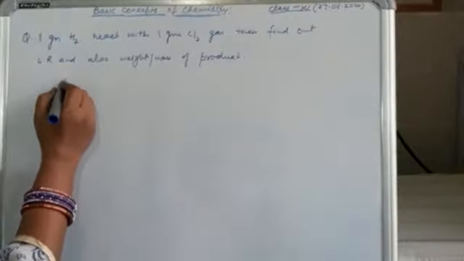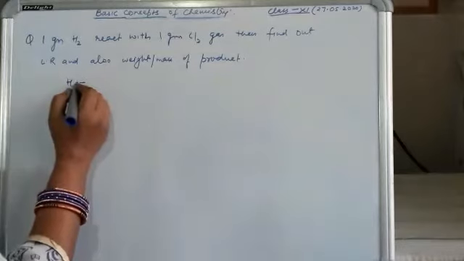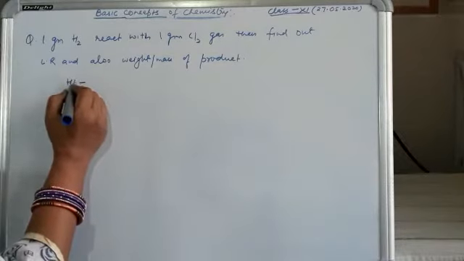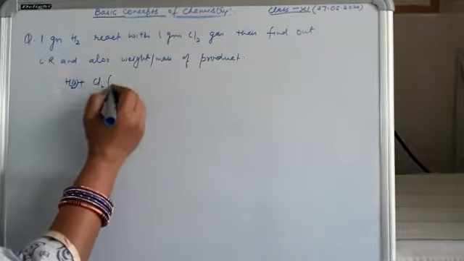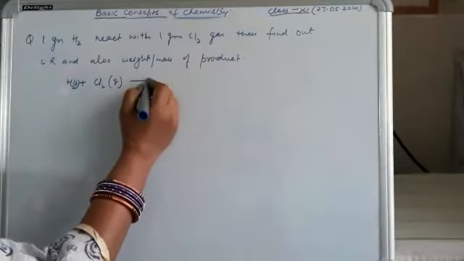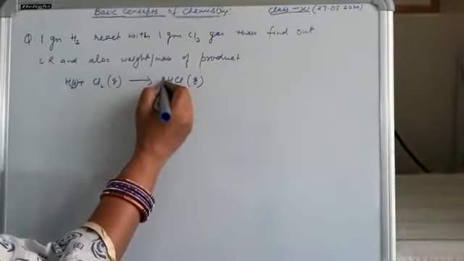So see, at first write down the complete balanced equation. Hydrogen gas reacts with chlorine gas to form hydrogen chloride gas.